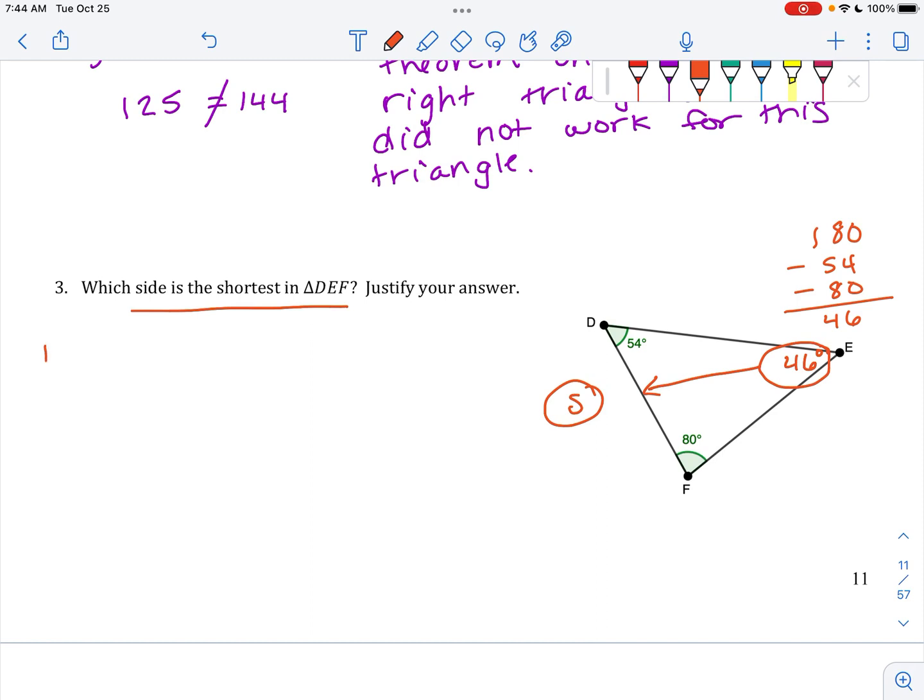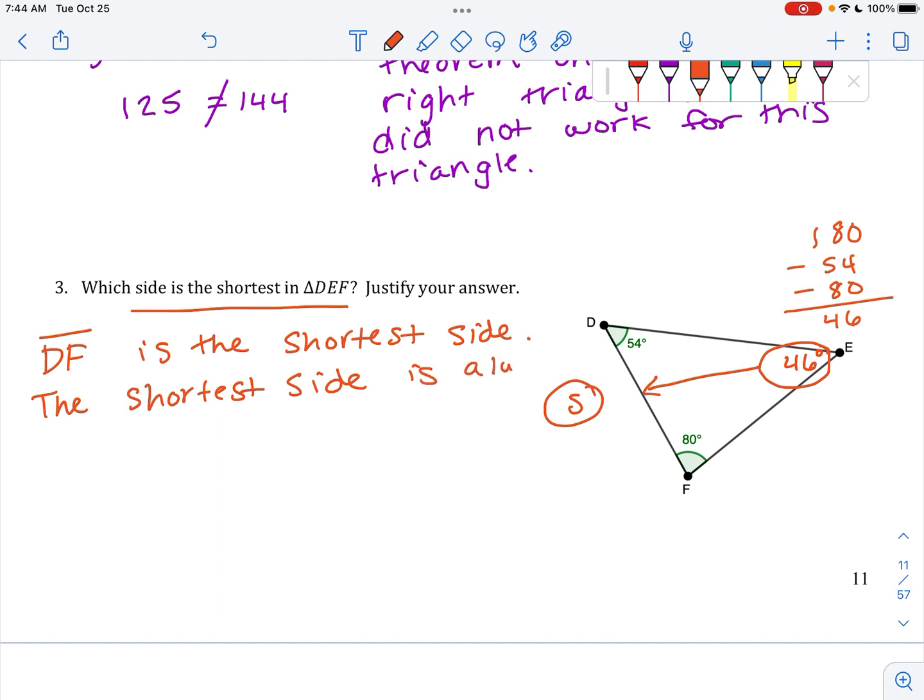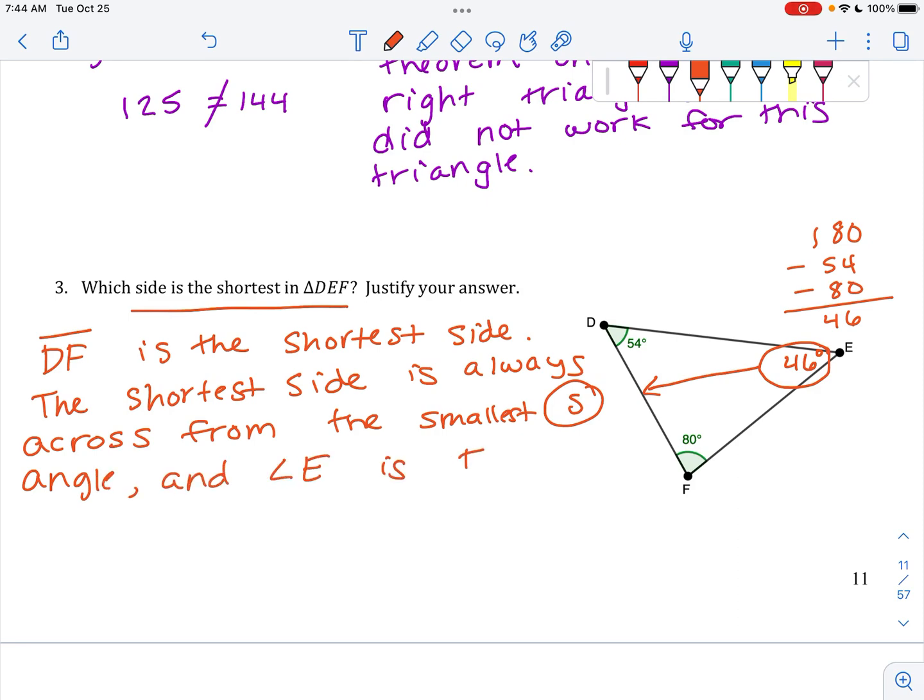So side DF, so segment DF with my good notation, is the shortest side. And then I'm going to explain why. The shortest side is always across from the smallest angle, and angle E is the smallest angle.